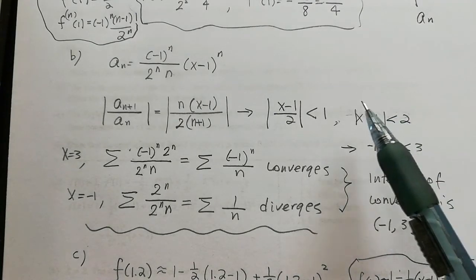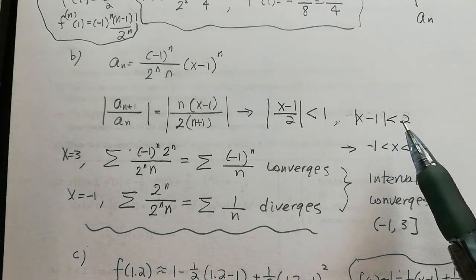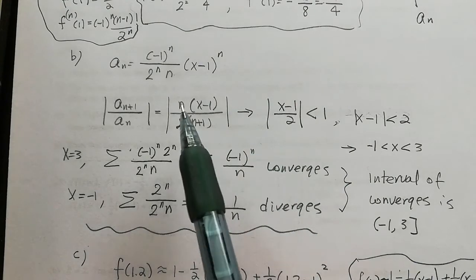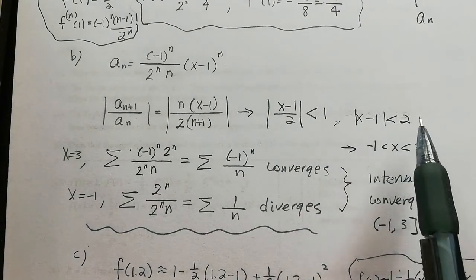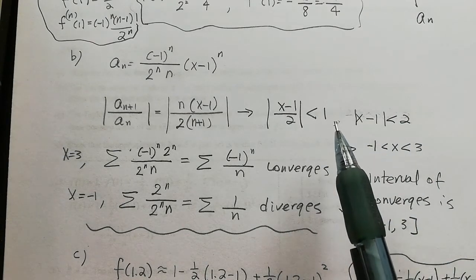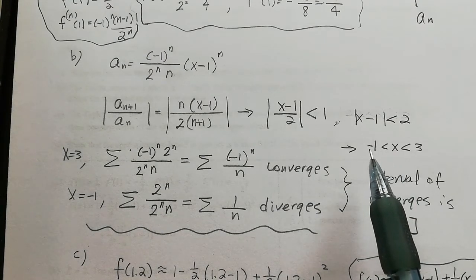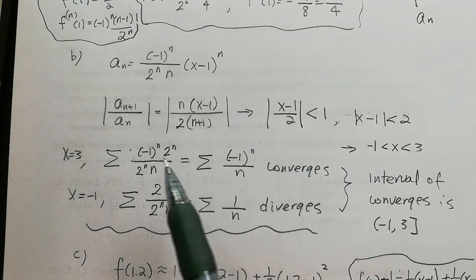So this is actually what they give to you to say the radius is 2. I just did everything from scratch from the very beginning instead of using the givens. Now at this point, you know the series is convergent for x between -1 and 3. At this point, you need to check the boundaries.